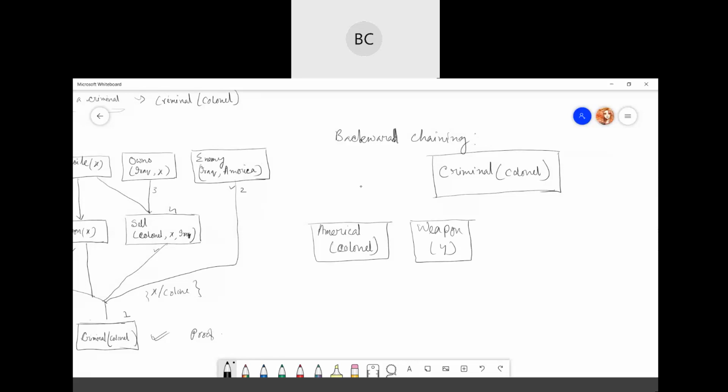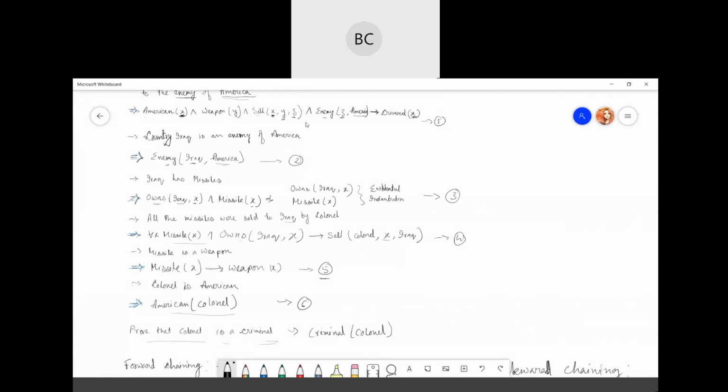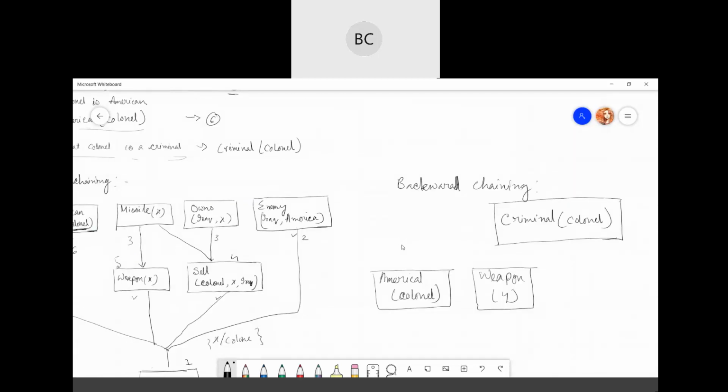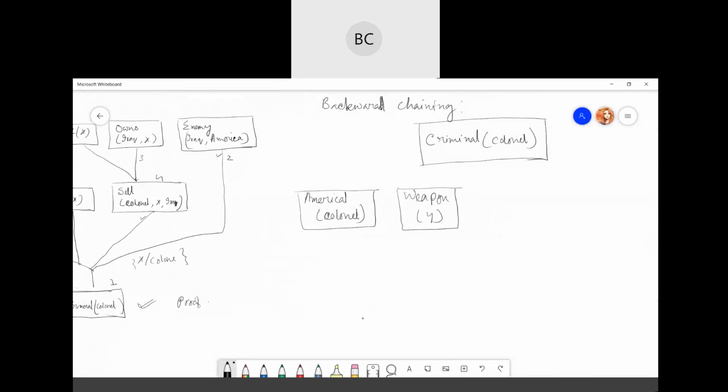Okay. Then we had this sell part. Then we have sell X, Y, Z. So in place of X, I can just write colonel again. So sell colonel, Y and Z. Just keep it Z for the time being.